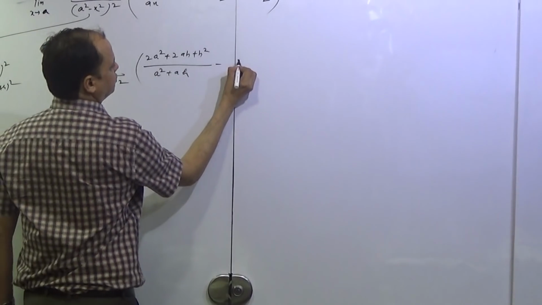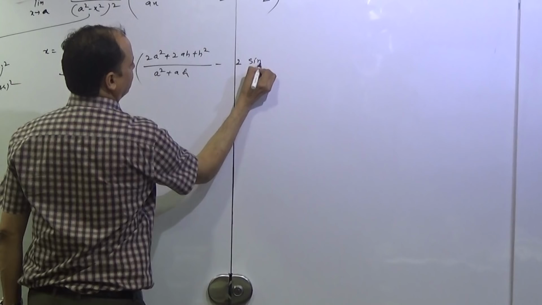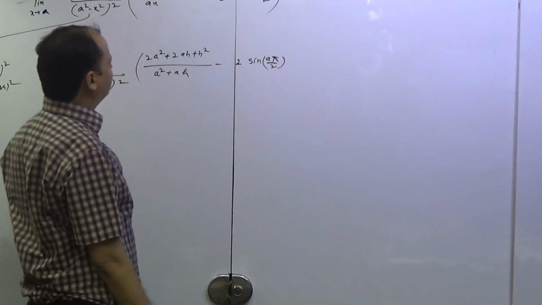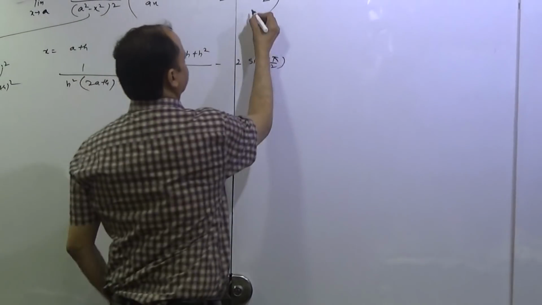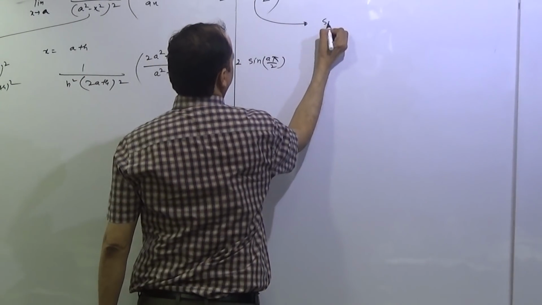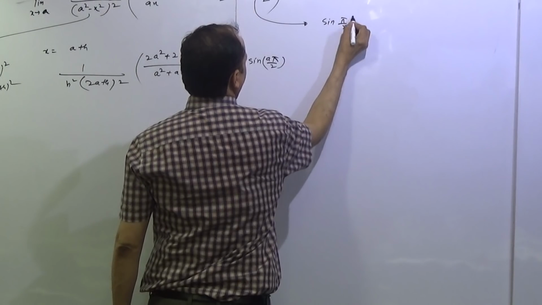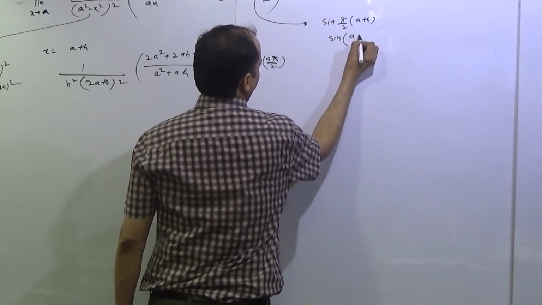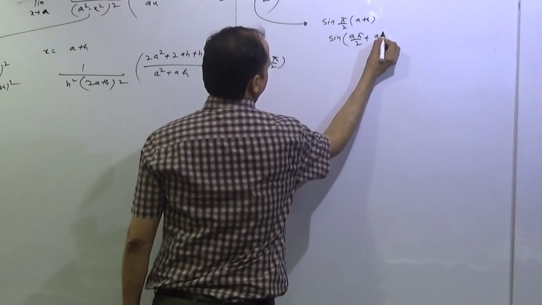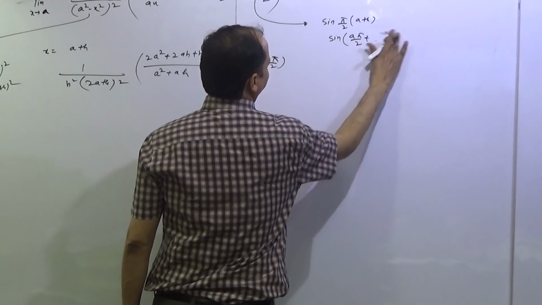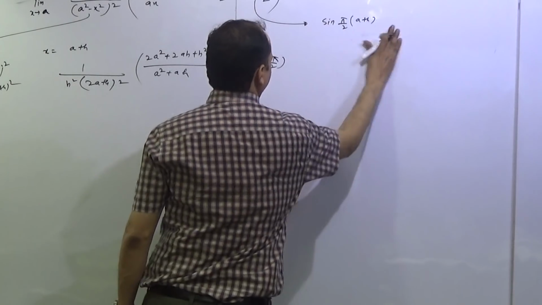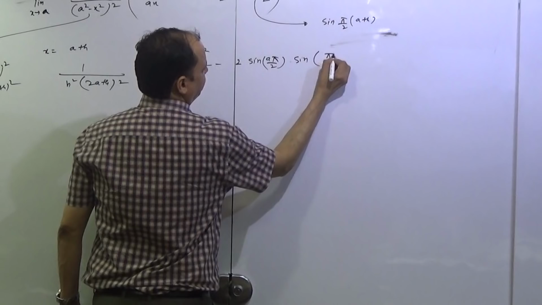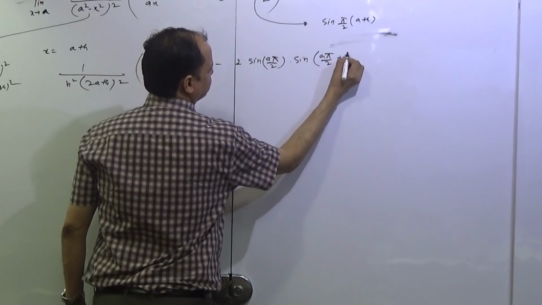Minus 2 sine a pi by 2 into sine of pi by 2 times a plus h. So this will become sine of a pi by 2 plus a pi h by 2. So I will write it over here only, into sine a pi by 2 plus pi h by 2.